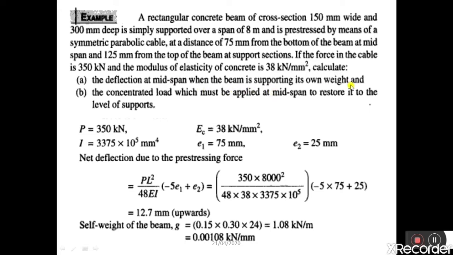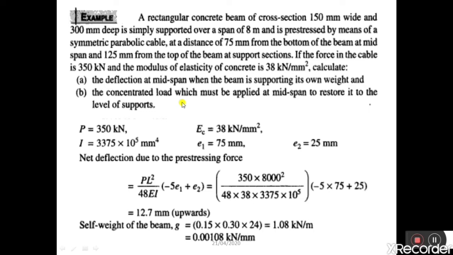So when the beam is supporting its own weight means we need to calculate the deflection of the beam at the midspan with respect to its own weight and with respect to the pre-stress of the cable. So in the first condition we are not going to consider live load for the calculation of deflection. And the second case is telling that the concentrated load which must be applied at midspan to restore it to the level of support.